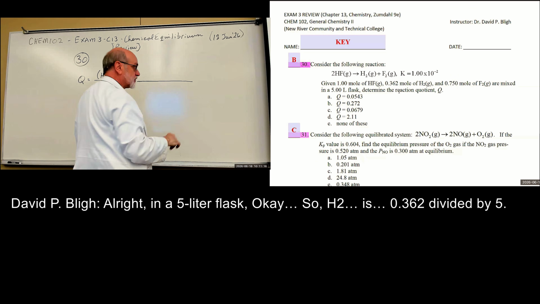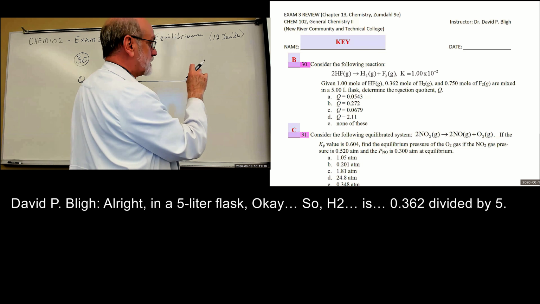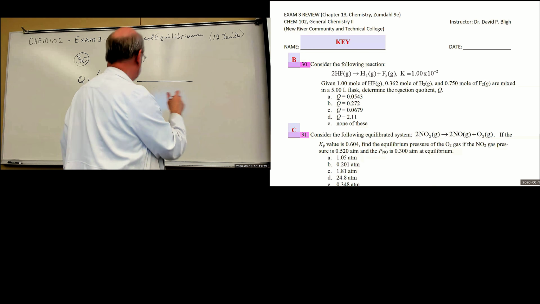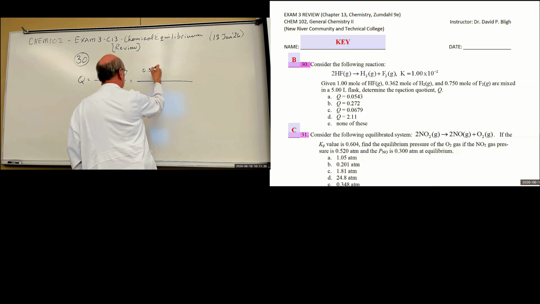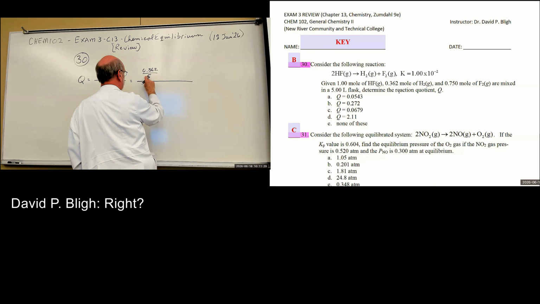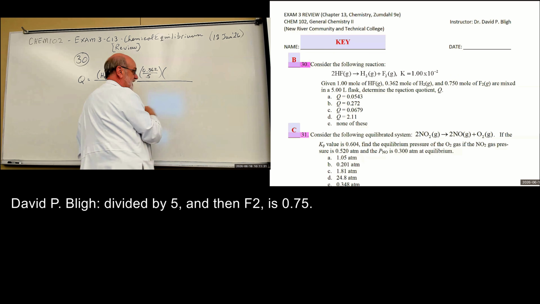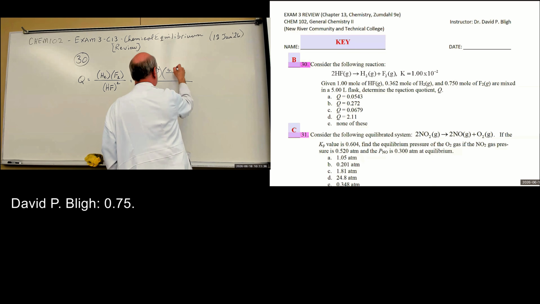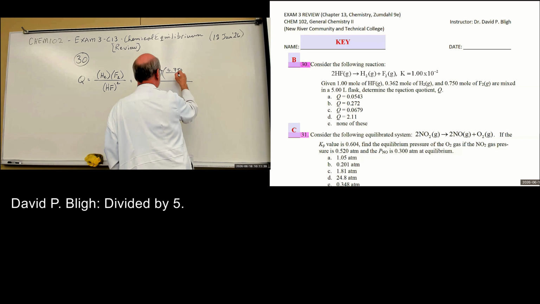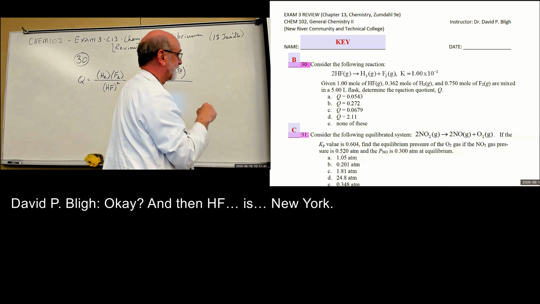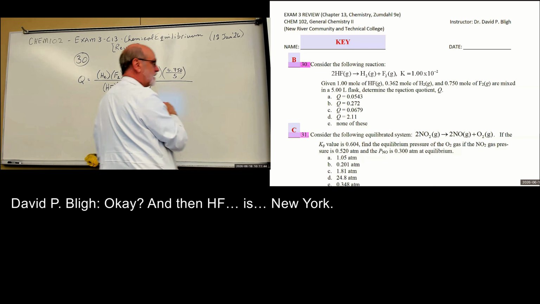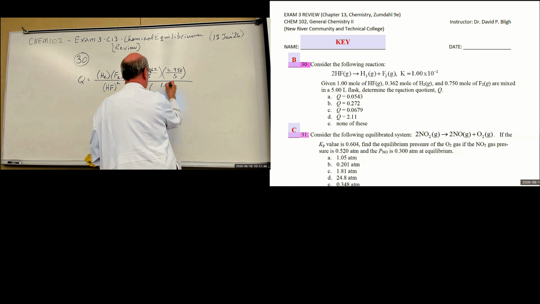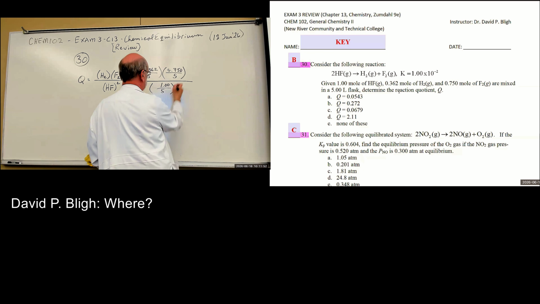H2 is 0.362 divided by 5, and F2 is 0.75 divided by 5. HF is 1 divided by 5, squared.